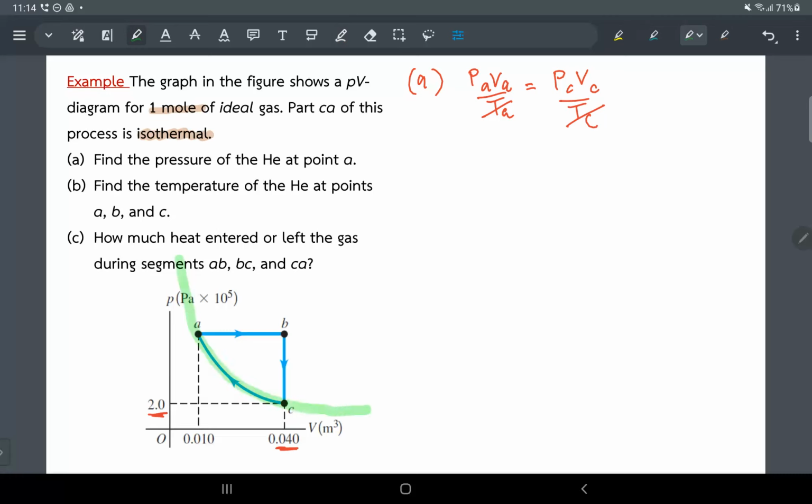Because they say CA is an isothermal process. Cool. All right. So with that, things turn quite easy now, I guess, because PV equals a constant. All right. Give me the answer, guys.